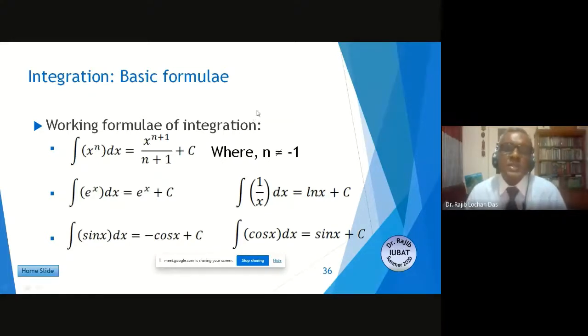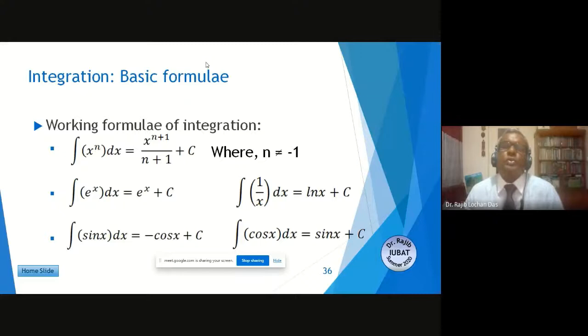These are the basic formulas, and there are other formulas also. We will not be able to learn everything in this course. There is another important message I should share: all the differentiation techniques are done.